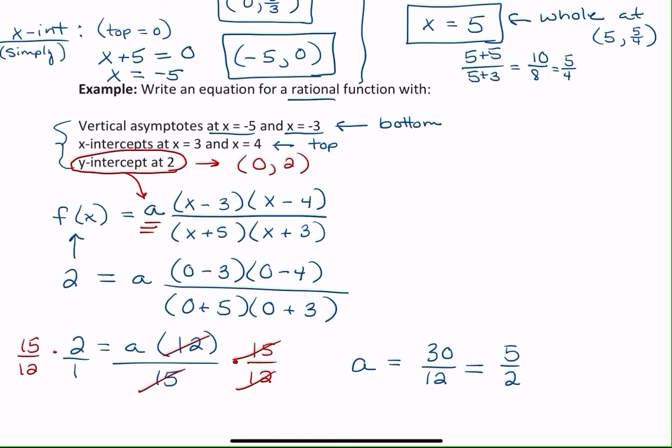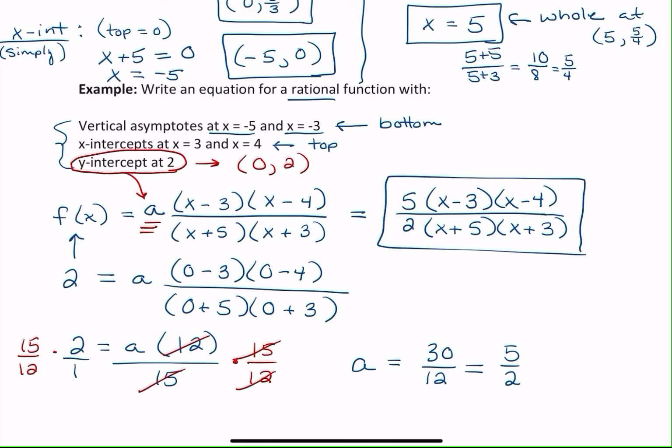So my a is 5/2, so I can write my function now as 5 over 2, and then put in my x-intercepts and my vertical asymptotes. So this is a rational function with those characteristics. It's not the only one, but it's a rational function with those intercepts and vertical asymptotes.